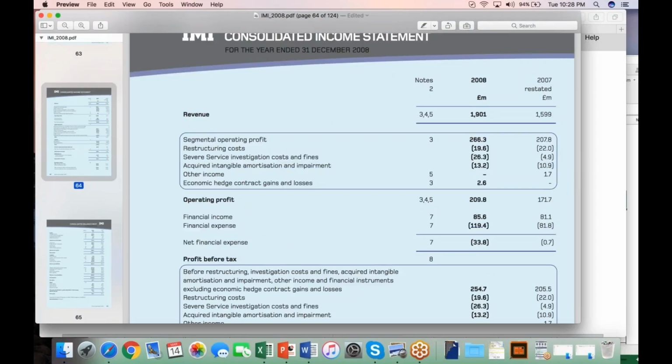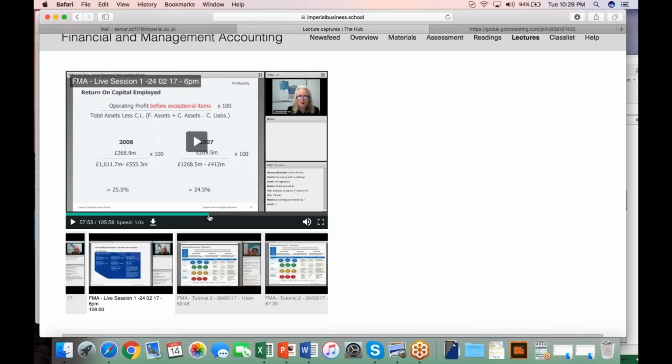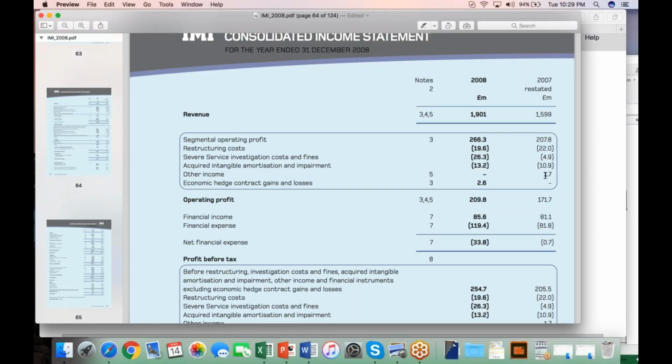And here she has put 209.5. 209.5 means, and if you go to the next slide, this one, you see 209.5 is for 2007, operating profit less exceptional items. 209.5 is this one. 207.8 plus 1.7. So here she is adding other income.